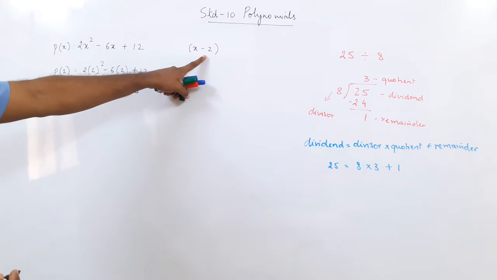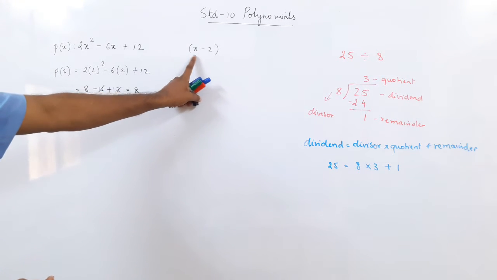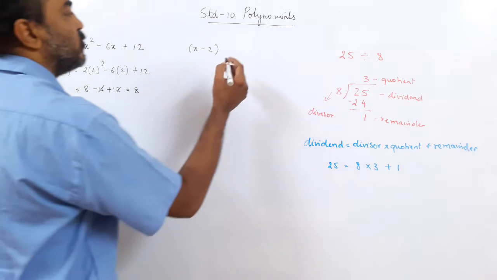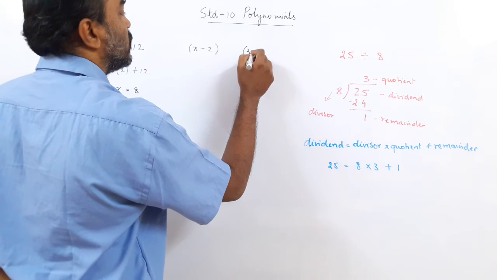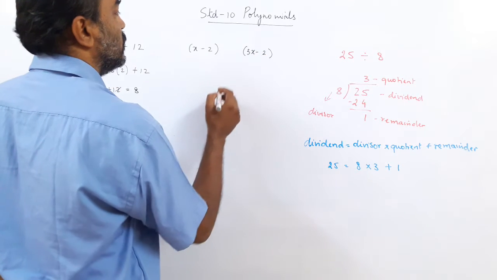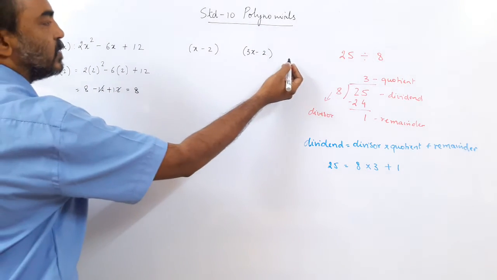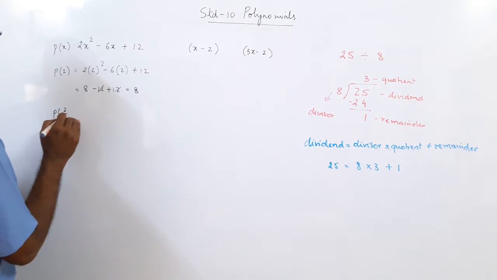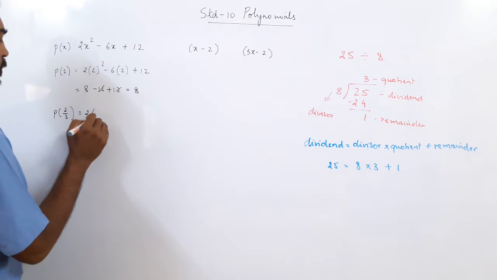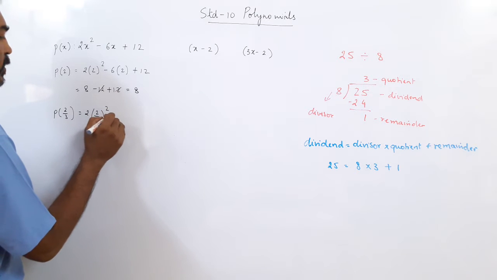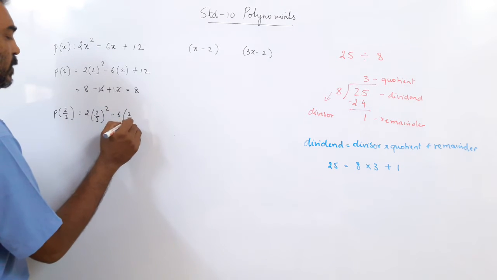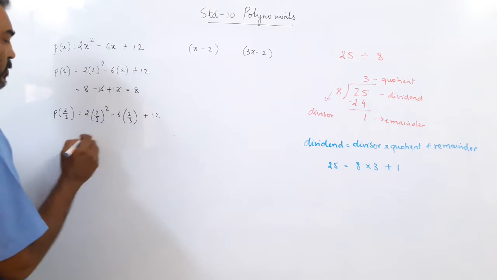But you can see here, when there is a binomial like this, okay. Now let us check for one more thing. Let us see if 3x minus 2 is a factor. So what will we take? We will take the 2 to the right side, so x becomes 2 upon 3. So 2 into 2 upon 3 the whole square minus 6 into 2 by 3 plus 12.